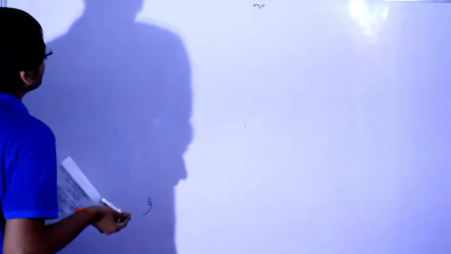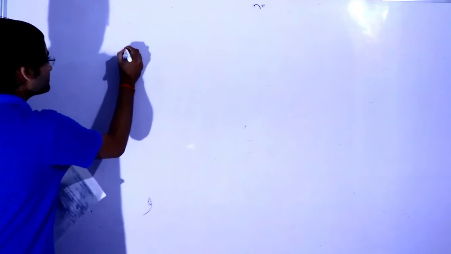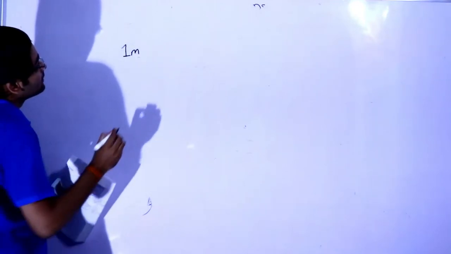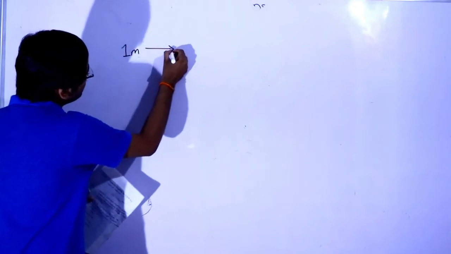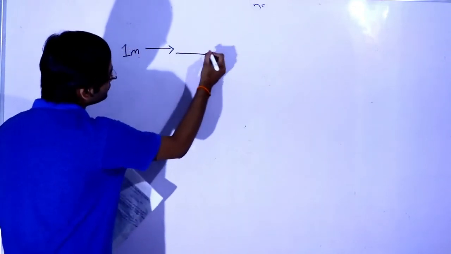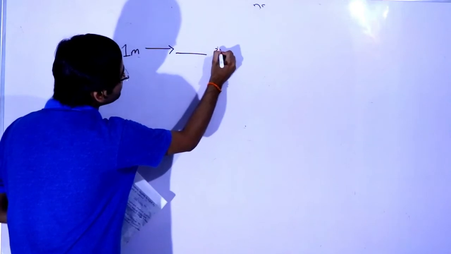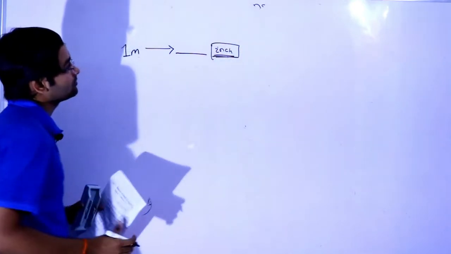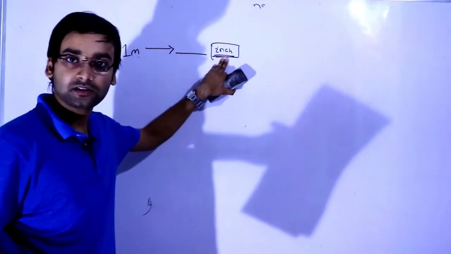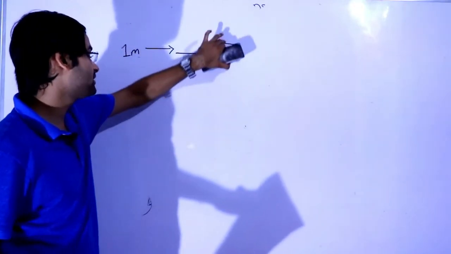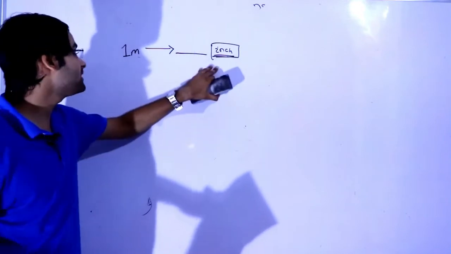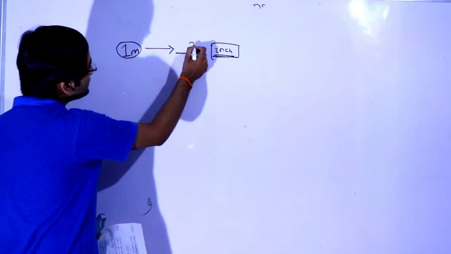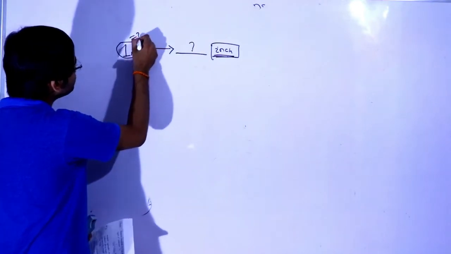Suppose, maybe I have 1 meter distance. How many inches is 1 meter? Inch is another type of measuring, scaling the distance, and I need to convert how many inches is equal to 1 meter.